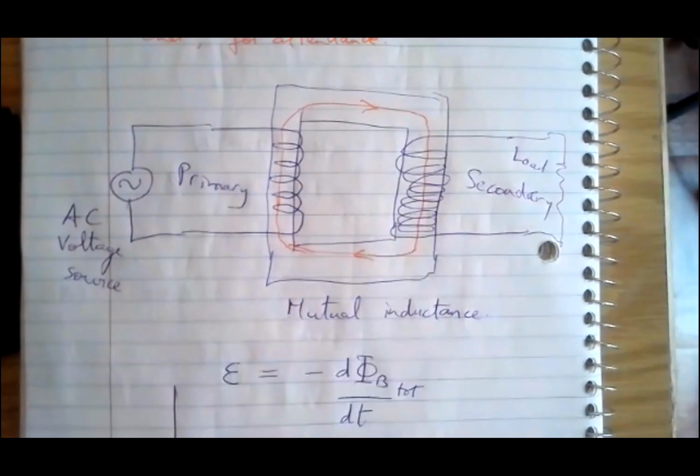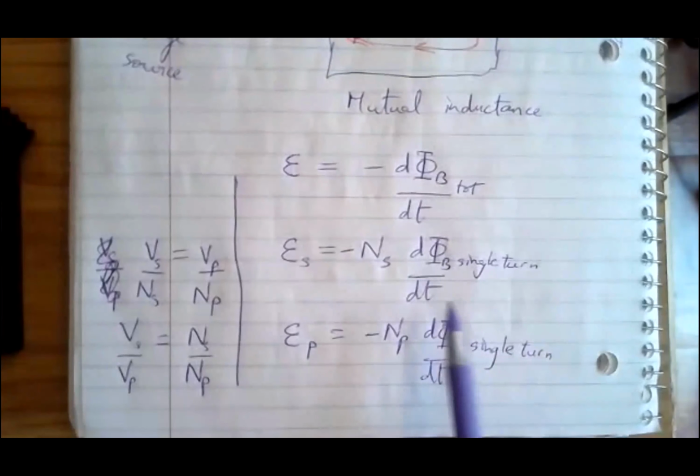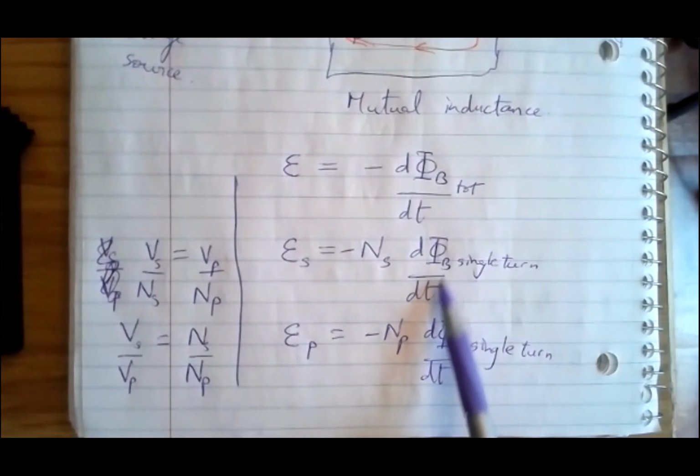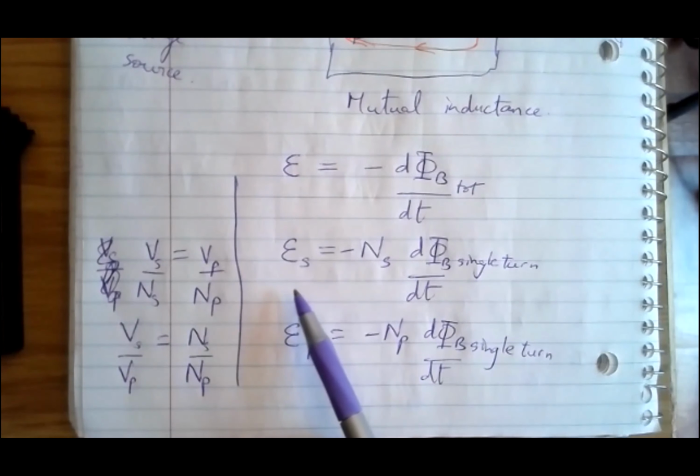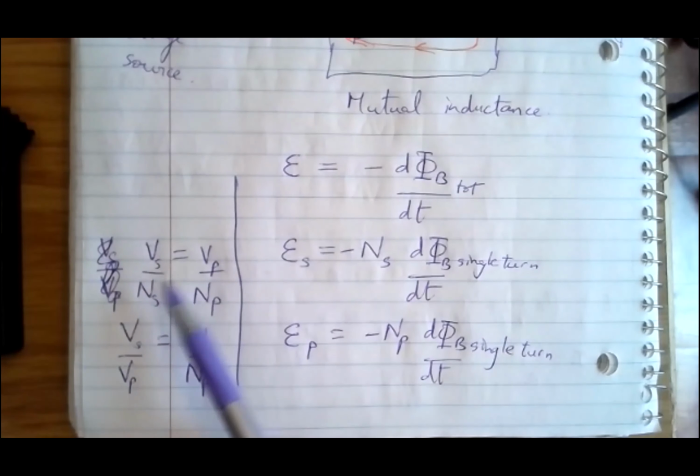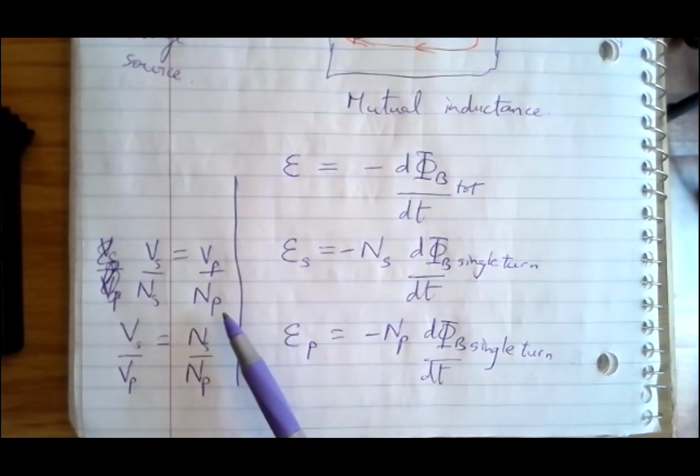So we can solve for d phi over dt. That would just be the voltage on the secondary divided by the number of turns on the secondary. And the same thing over here: voltage over the primary divided by the number of turns on the primary. And so that allows us to set up this equality. Vs over Ns is equal to Vp over Np, which we can rearrange to Vs over Vp equals Ns over Np.